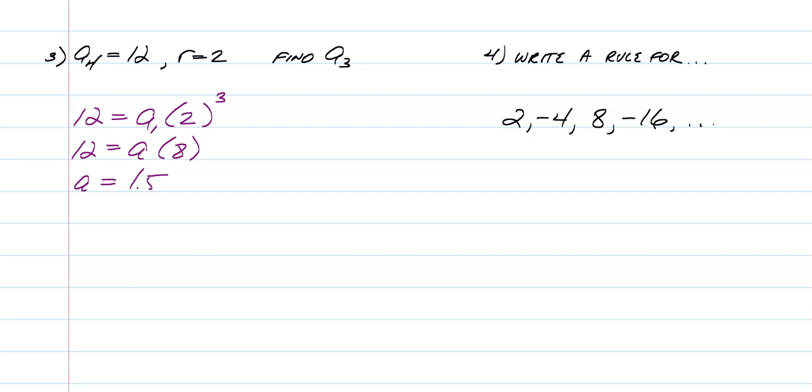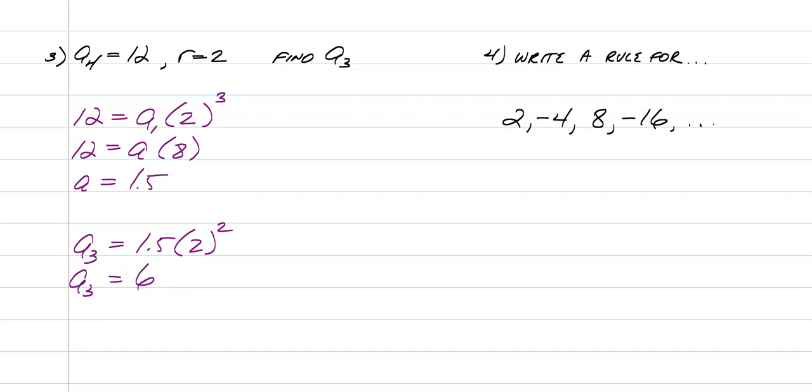So, to find a sub 3, all we're going to do now is a sub 3 is equal to the first term, which we now know is 1.5. Our rate is 2, raised to the 3 minus 1, aka 2 power. And 2 squared is 4 times 1.5. That's going to give us a sub 3 is equal to 6.